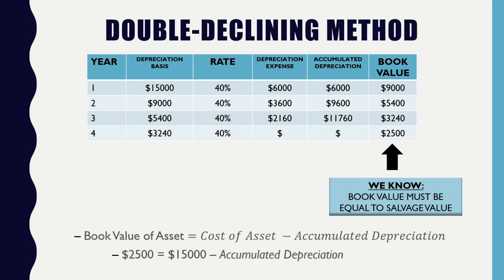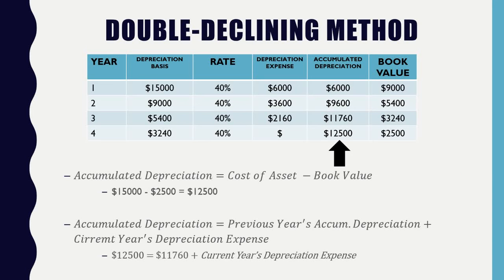So now I have to work backwards because I know what my book value is, right? Book value equals asset cost minus accumulated depreciation. I know what my asset is, right? It's worth $15,000, right? 15,000 minus my book value is going to give me 12,500, right?